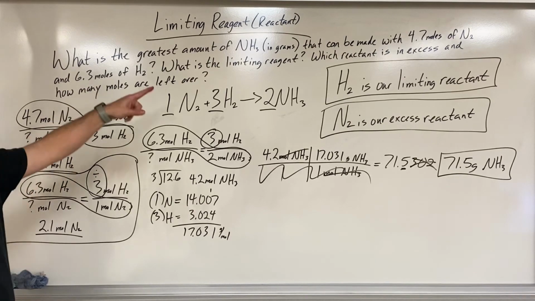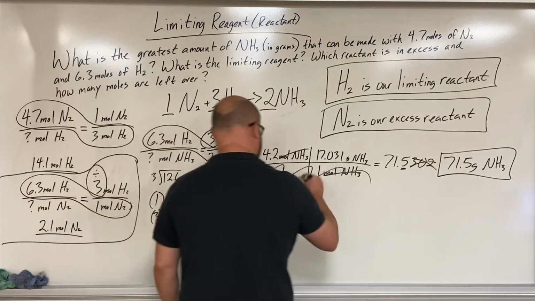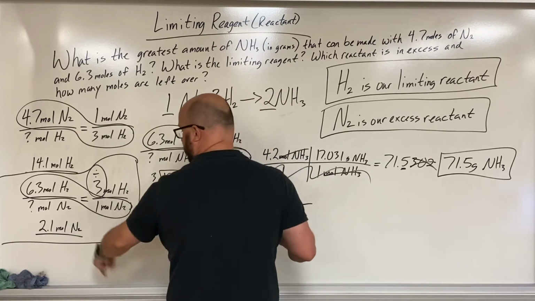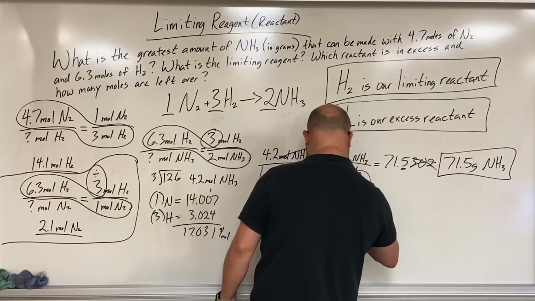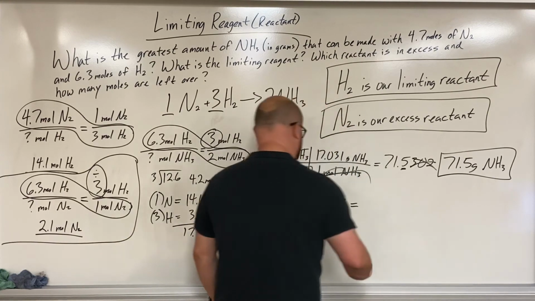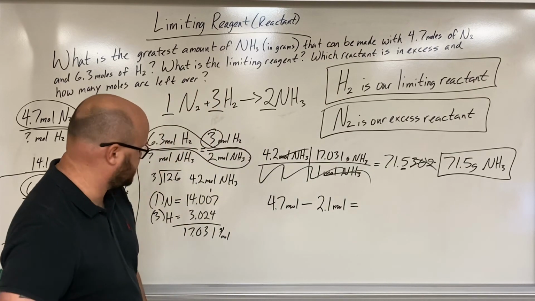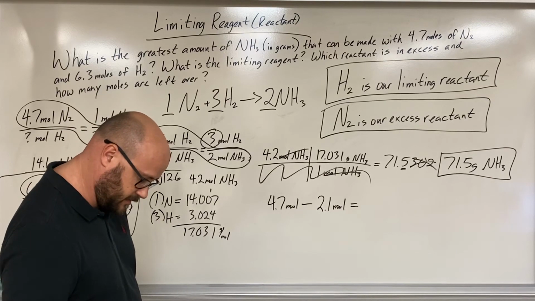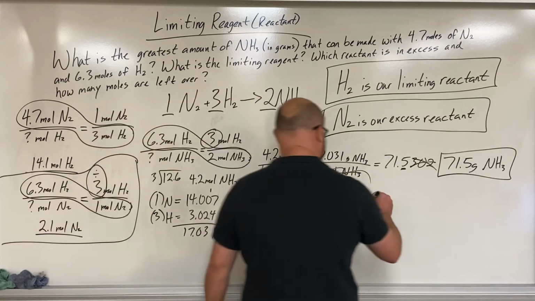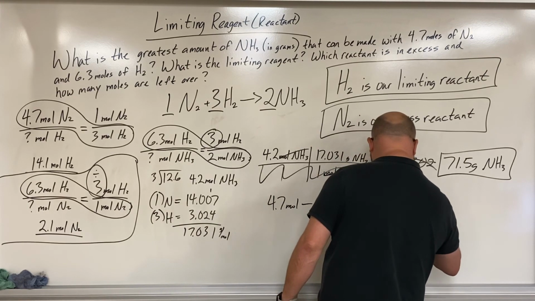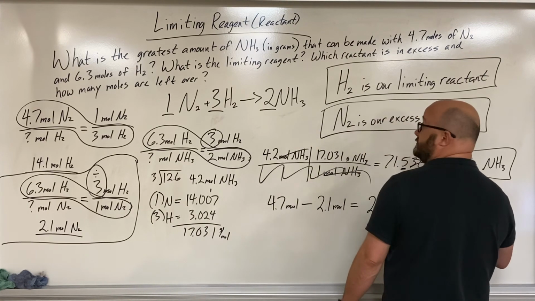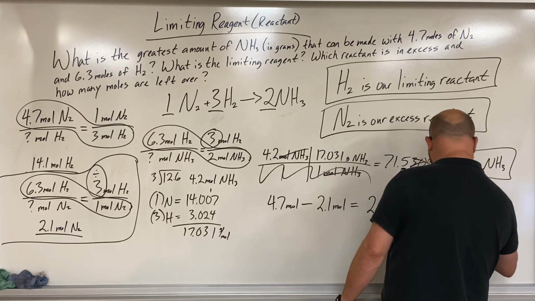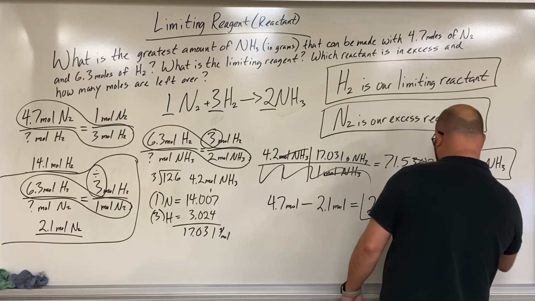So we've got plenty, we said earlier. 4.7 moles is how many we have, we're only going to use 2.1. So just a simple subtraction problem. 4.7 minus 2.1, we're going to have 2.6 moles of nitrogen left over.